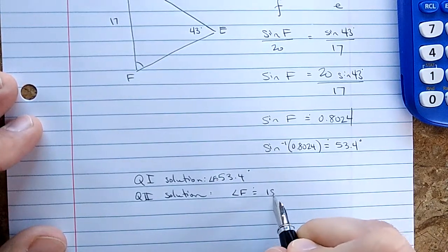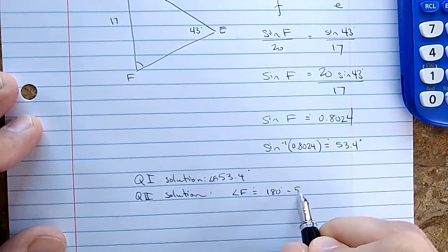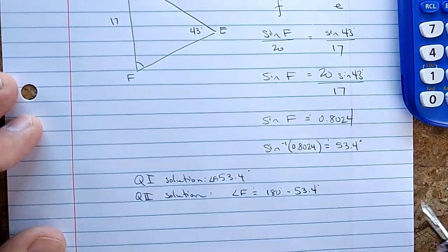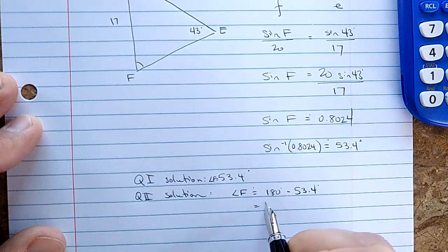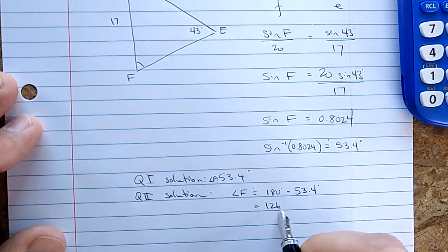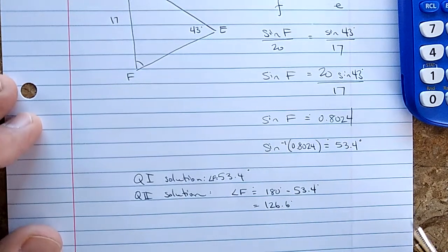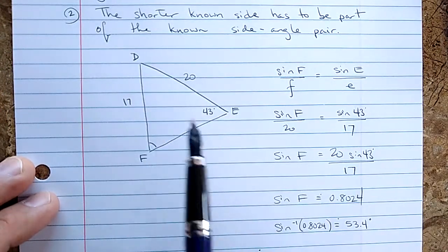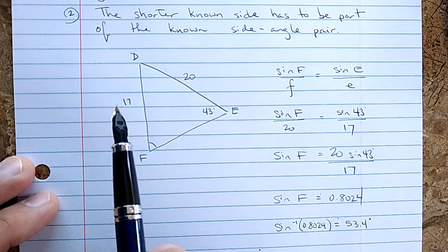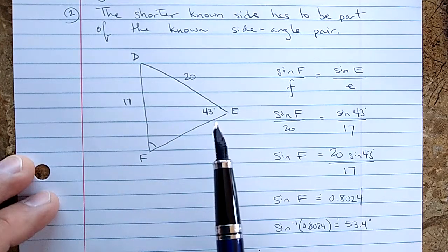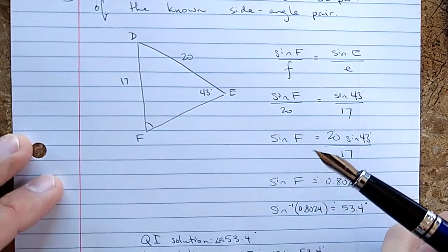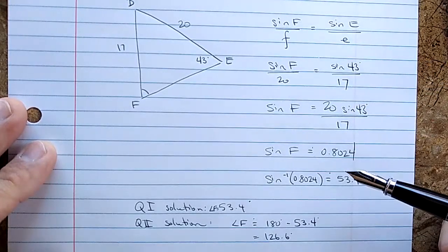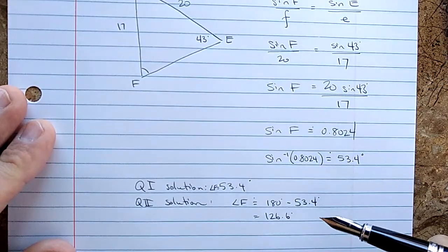So it's 180 degrees minus that value, which is 126.6 degrees. Okay, so once again, we have the correct situation, two sides and an acute angle, and the short side is the one across from the acute angle. We are going to get two answers if we get any. We go through, we found an answer, then we can find the other answer.